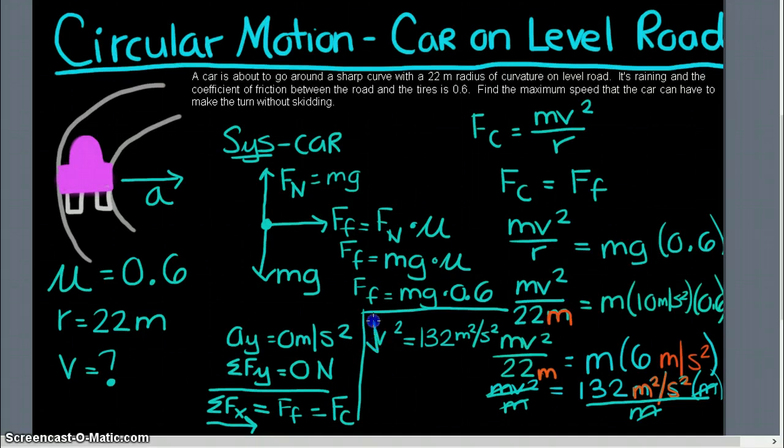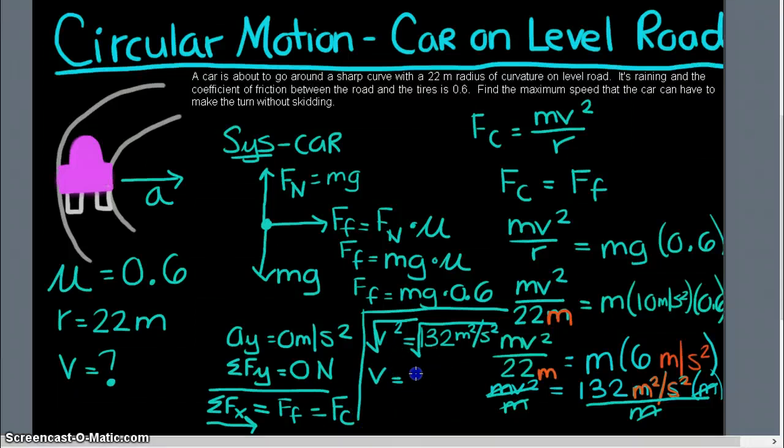And those units make sense to me because if I'm taking the square root of v squared so that I can obtain a value for v, I want to take the square root of 132, which is 11.49. I think there are two significant digits given in the problem here, so I'll leave this as 11.